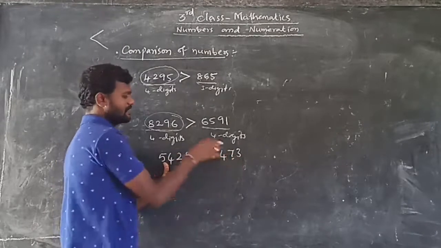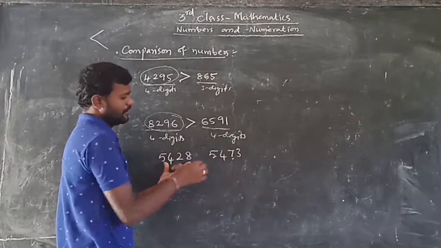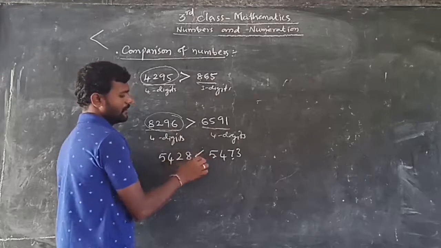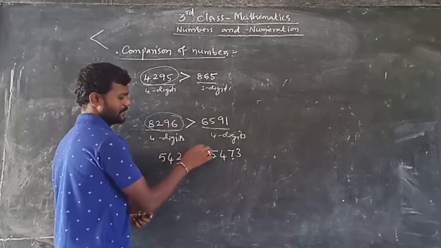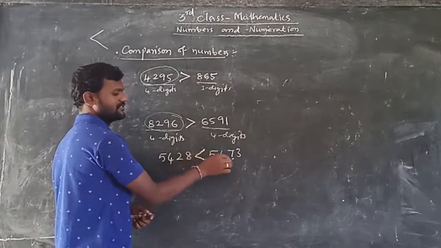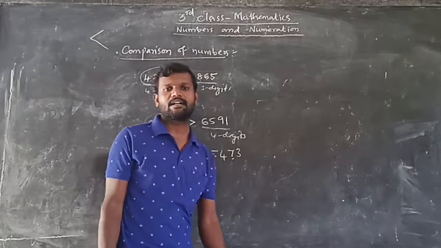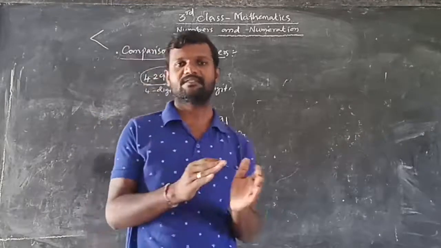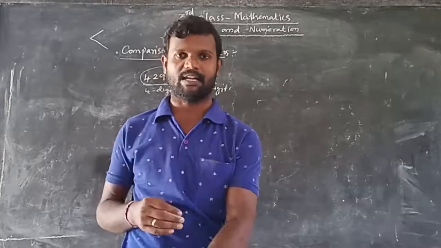Which symbol do you have to write? This symbol. The greatest number has the two ends towards it. This is called comparison of numbers. In the given numbers we identify the bigger number and the smaller number.